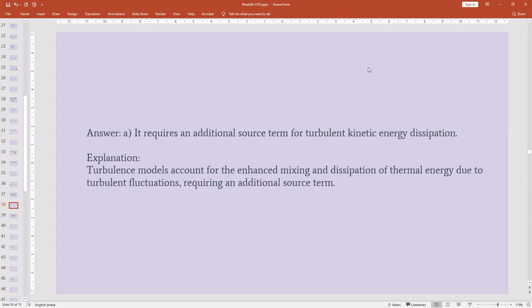But when there is turbulence, it can create variation in energy dissipation, so we have to model the turbulent kinetic energy dissipation. This has to be plugged into our energy balance equation through an additional source term. You're right.